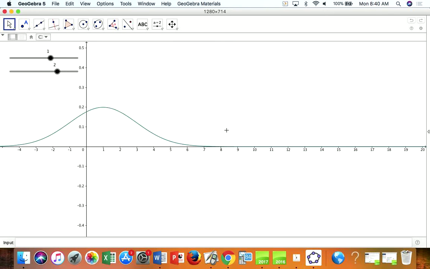So what's the mean of this distribution, do you think? 1. What do you think the standard deviation is? 1. 2. So this is the thing that changes the standard deviation. If I make it bigger, I make it more spread out. I make that inflection point further away. So if I make it a mean of 1, a standard deviation of 1, then this is my inflection point here.